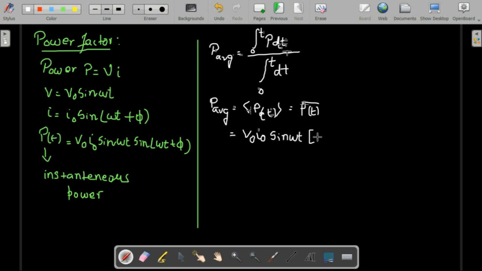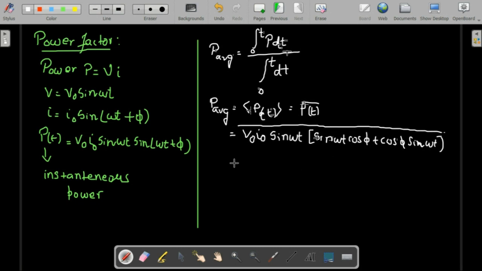So sine A cos B plus cos A sine B. So we can take that as sine omega t cos phi plus cos phi sine omega t. Okay, yeah. So we are going to find out the entire average.